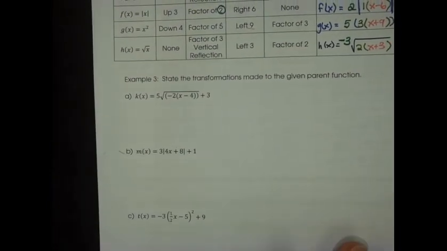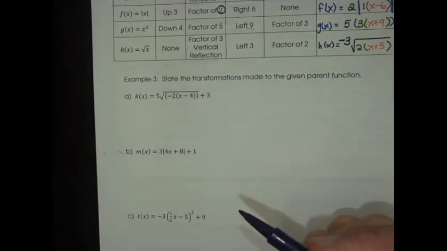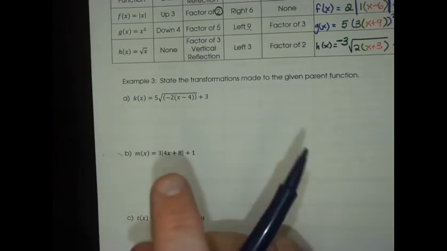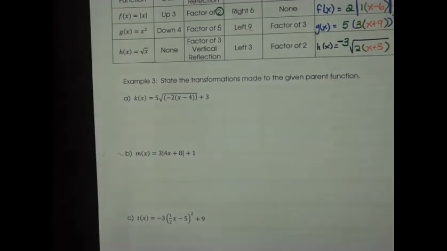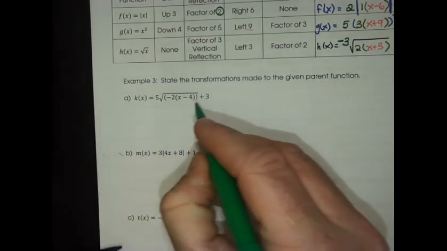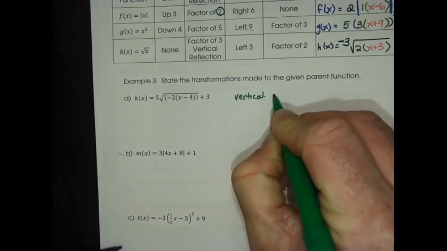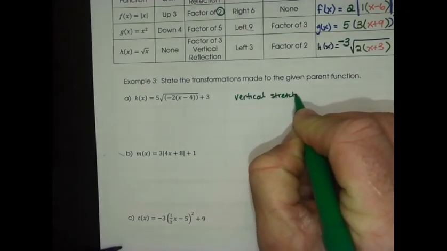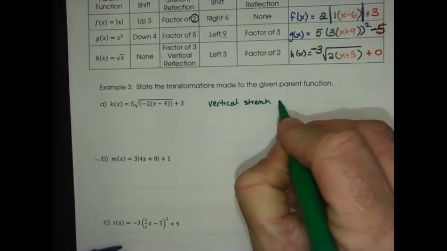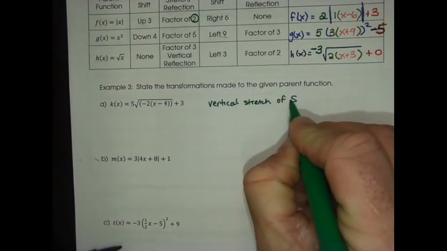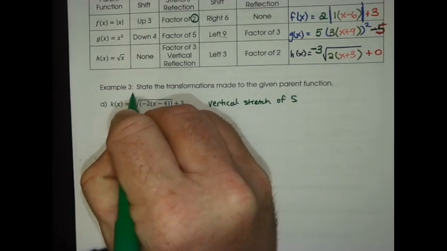The second piece is, if I give you the equations, I should be able to describe the transformations. Well, guess what? It's the same thing. So I'm going to do it kind of the same order as what I've done here already. So that 5 there, that is a vertical stretch of 5. So that's where that piece came from.